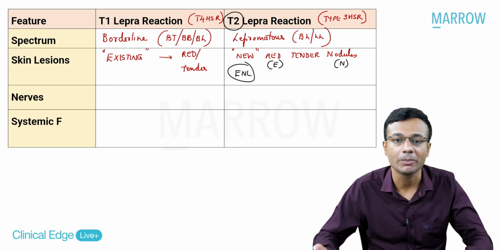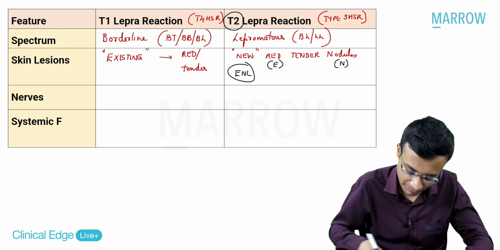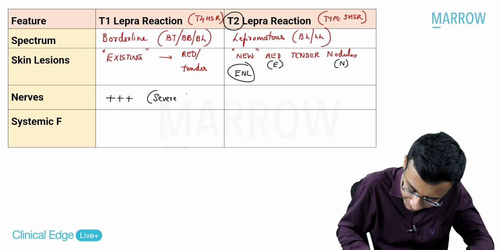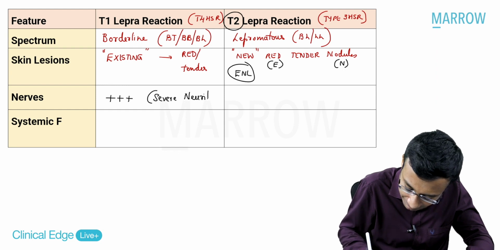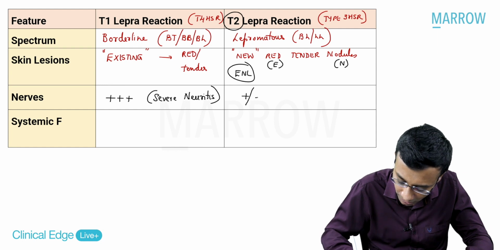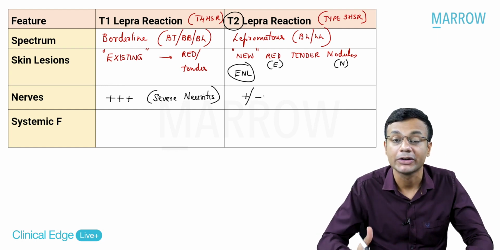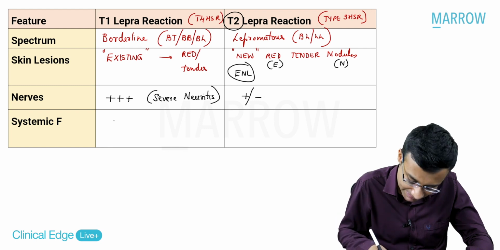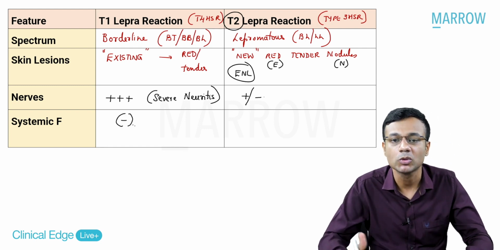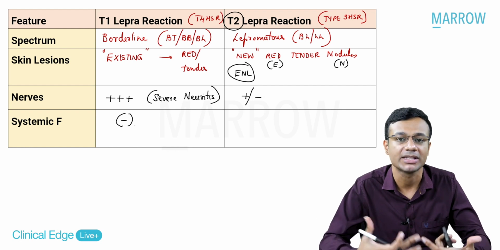Next we look at nerve involvement. In type 1 lepra reaction, you have very severe neuritis. Whereas in type 2 lepra reaction, nerves may or may not be involved. Systemic features are generally absent in type 1 lepra reaction. Whereas in type 2, as I told you, antigen and antibody form an immune complex.